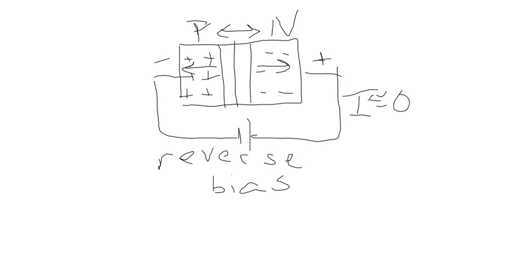Now let's look at the opposite. Let's take my same PN junction with its depletion region. I've got P, I've got N, and I've got my plus charges over here, minus charges over there.